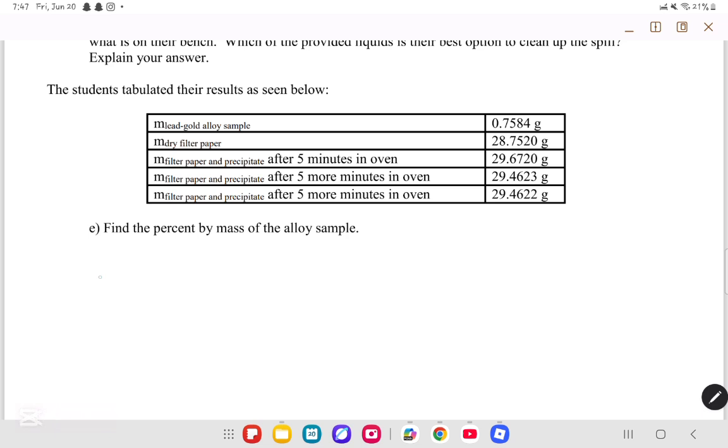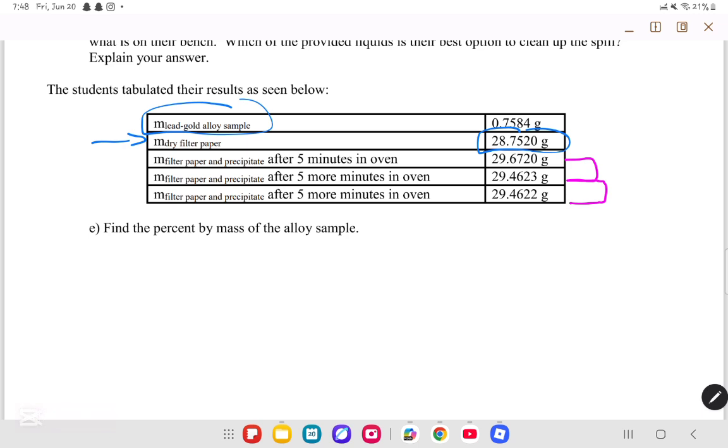Okay, so very simply we have the mass of the lead gold alloy sample, right? We also have the mass of the dry filter paper, which is 28.7520 grams. So we have filter paper and precipitate after 5 minutes in the oven, after 5 more minutes, so that's 10, and after 5 more minutes, so 15 minutes in the oven.